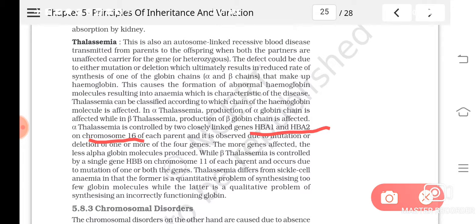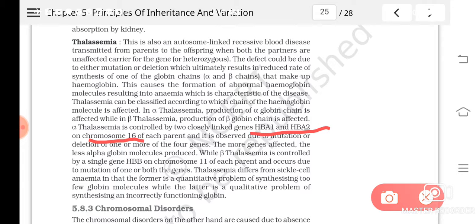The more genes affected, the less alpha globin chain will be produced. Understood? So this is an example of quantitative inheritance also, isn't it? We have studied it in the case of skin color.